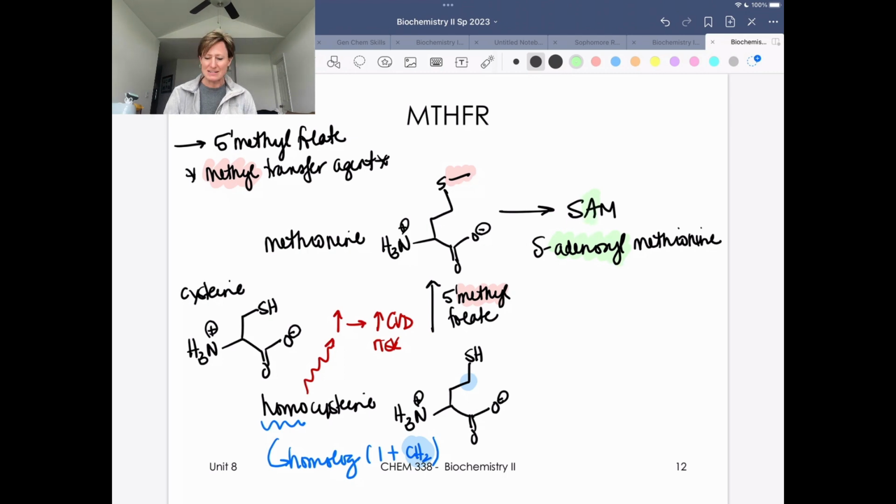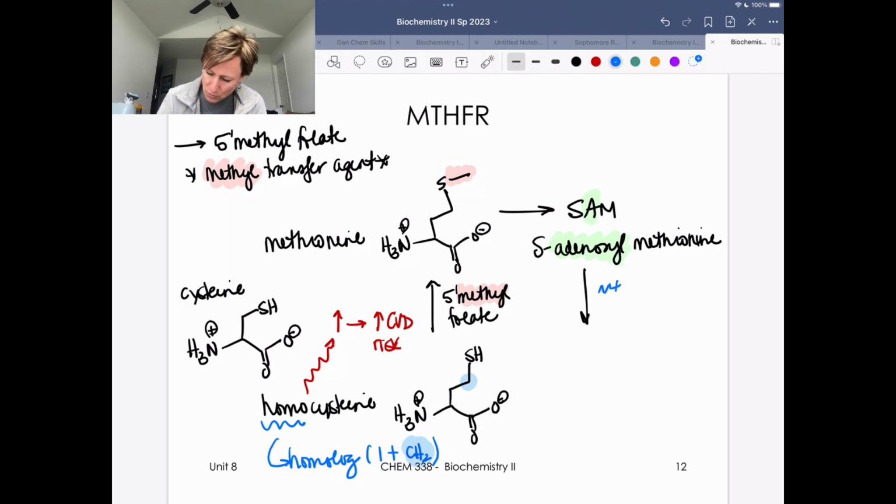So that's what that A is. And why is this important? Well, SAM is known to contribute to about 40 different reactions that require methylation. So even though we've said 5-methylfolate is important for biological methylating, it's not necessarily because it's being used directly like it is here, but sometimes it's making something else that is then used as a methylating agent.